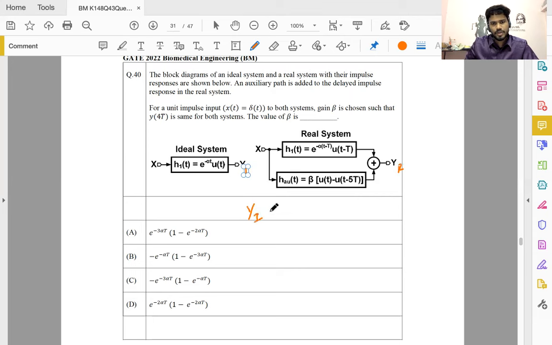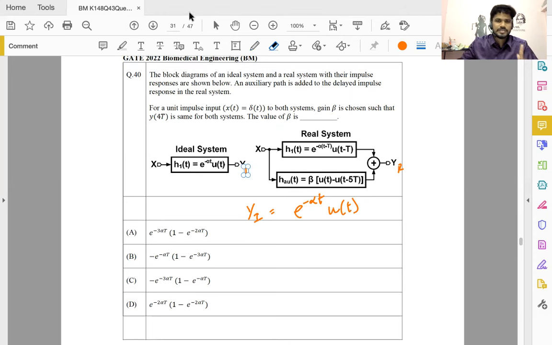Your yi is e power minus alpha t u(t) convolved with whatever input it is. Let's say it's actually a unit impulse. So the convolution with a Dirac will just give you this function, right?